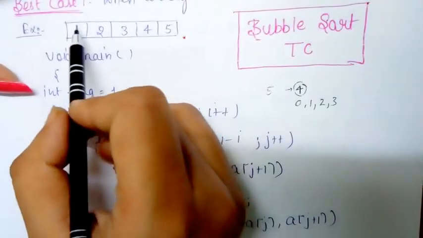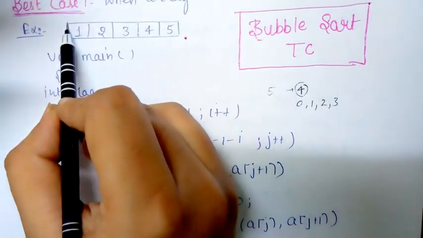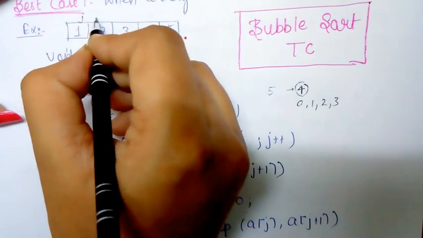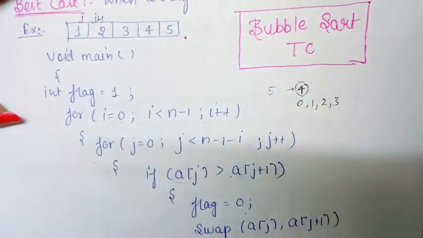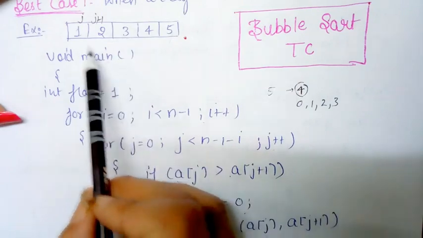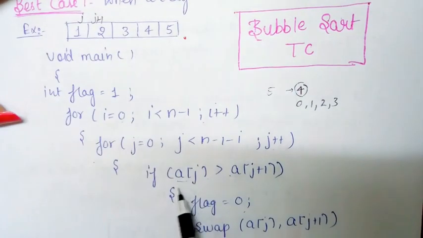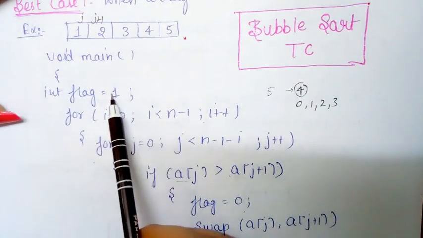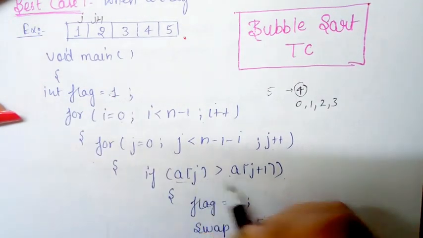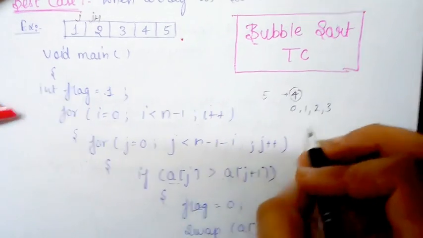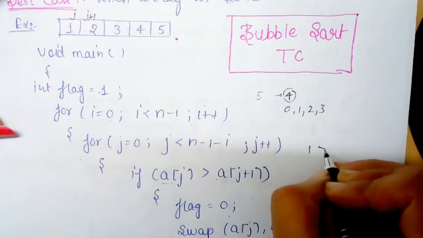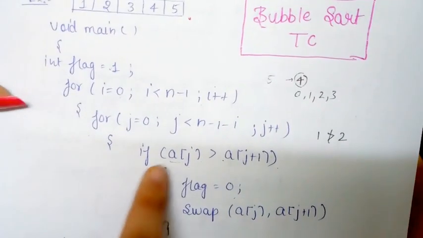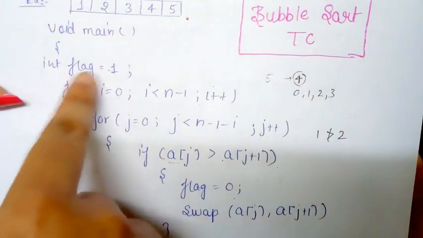So for this array, how will it work? If this value is j, then this value will be j plus 1. It will compare these two elements, a of j and a of j plus 1. The flag value is 1 only. Since a of j is not greater than a of j plus 1, 1 is not greater than 2, it will not go into this loop, so our flag value is still 1.